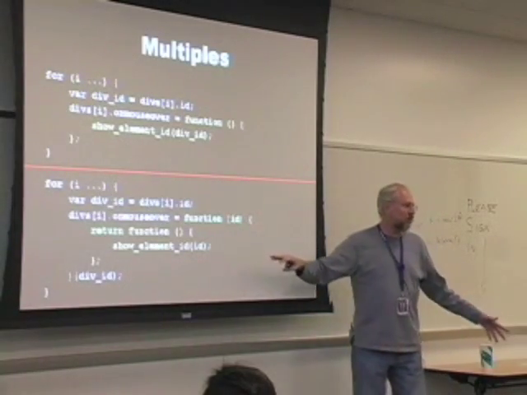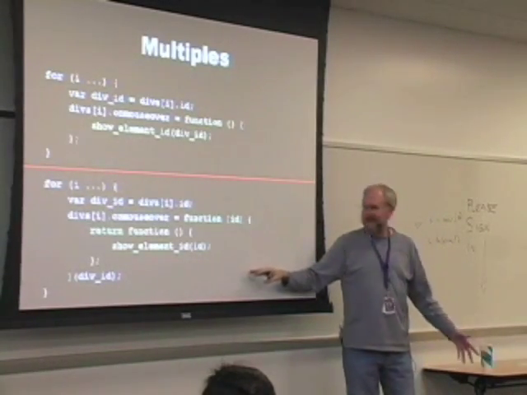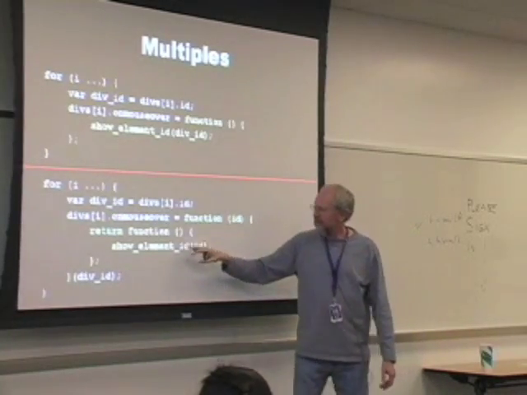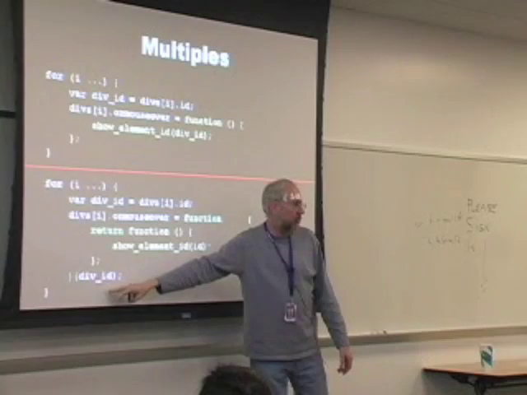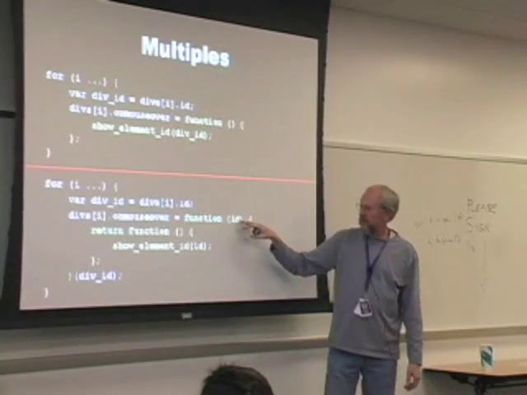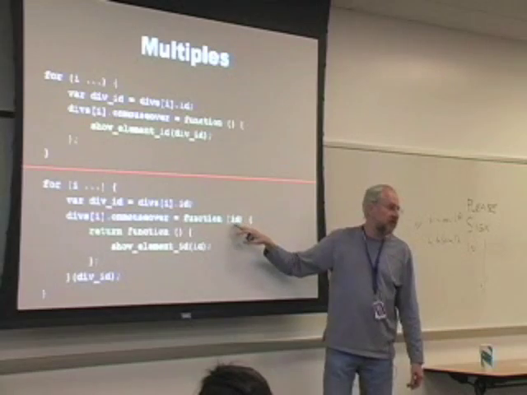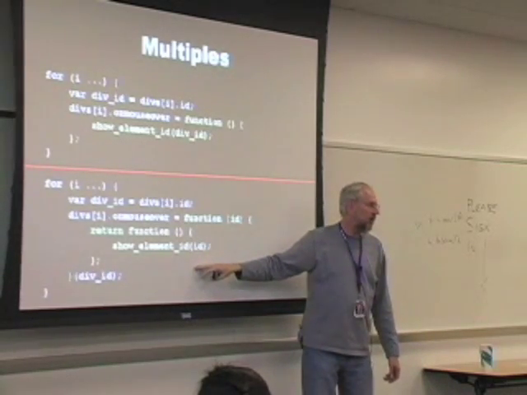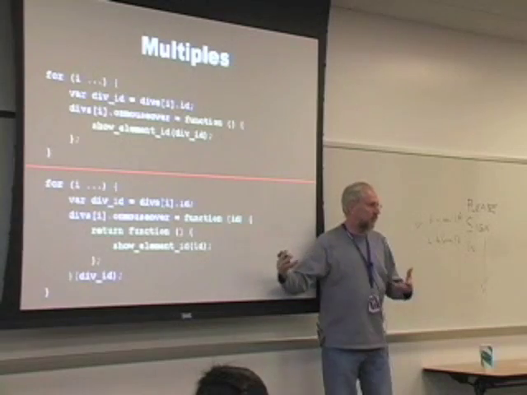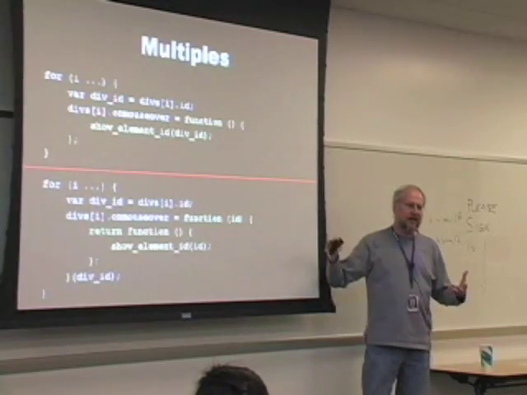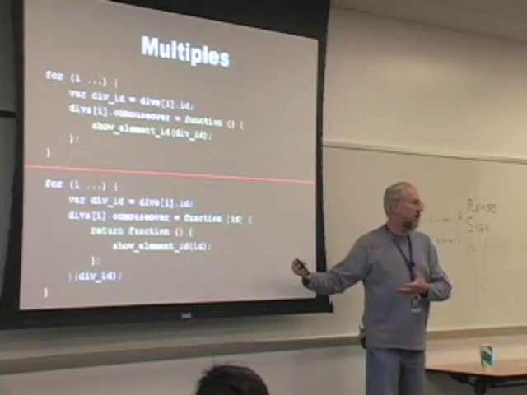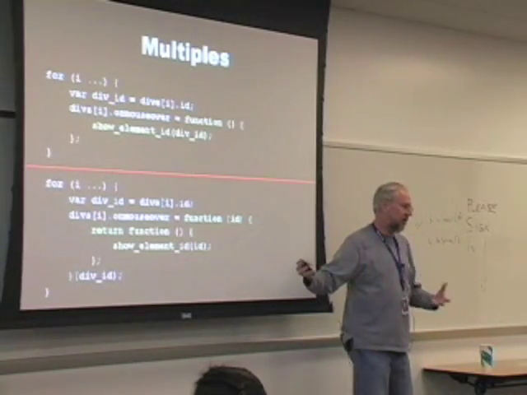Okay, and it's a weird little bit of indirection, but it causes everything to work out right. So we pass in the div ID that we want here, which gets bound to this ID here, which gets bound by closure to that. So that allows each one to keep its own ID, and it doesn't get confused.